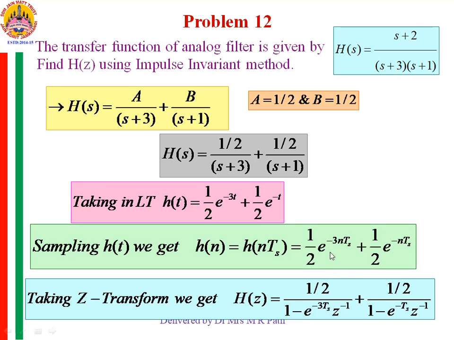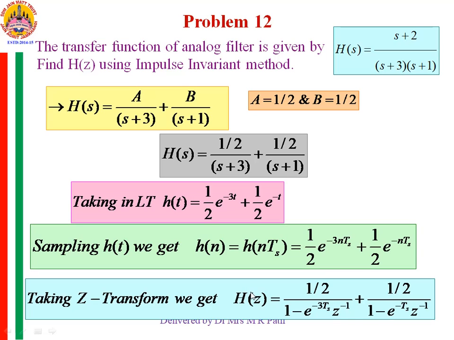In this case, a is e raised to minus 3Ts, so here this is e raised to minus 3Ts z inverse. Similarly, for this one a is e raised to minus Ts. So the closed form of expression is 1 by 2 upon 1 minus e raised to minus Ts z inverse. So this is H of z. You can simplify this if you have time, otherwise you can leave it with this H of z. So I hope you are getting this.